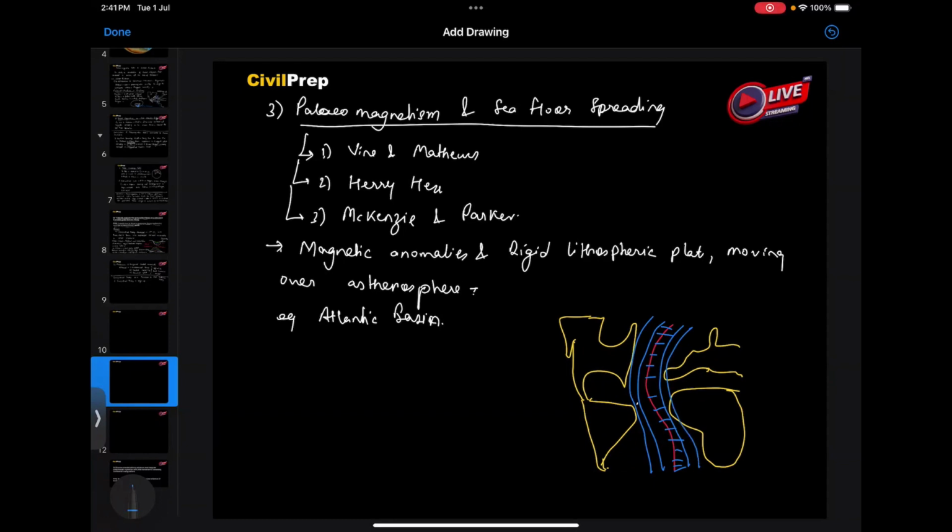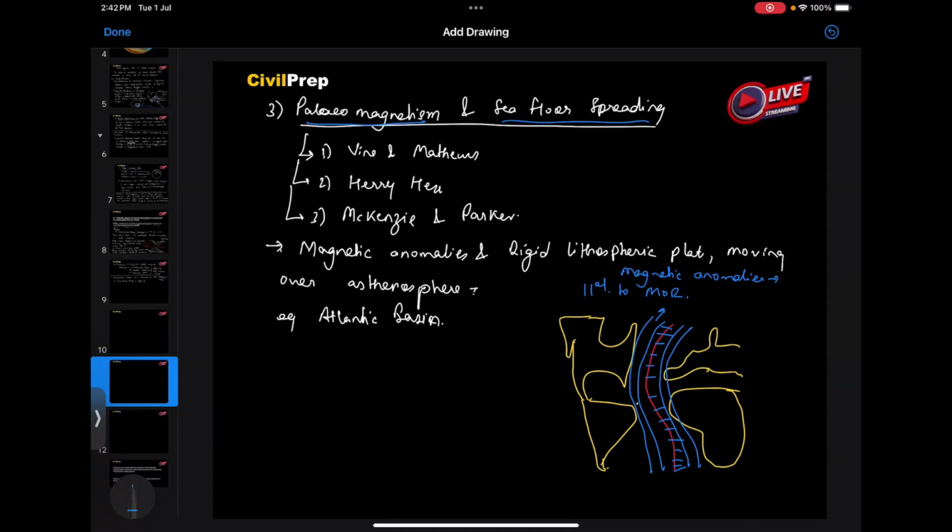So here we'll be seeing that whatever the magnetic anomalies are, they are parallel to the mid-oceanic ridges of the Atlantic Ocean. So this is also one of the parts providing us evidence that seafloor spreading is taking place here, and there is the presence of paleomagnetism over the rocks.